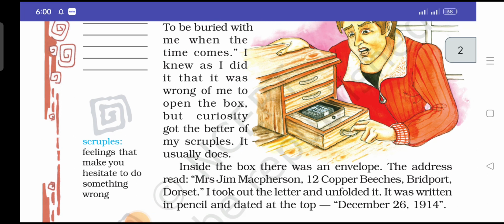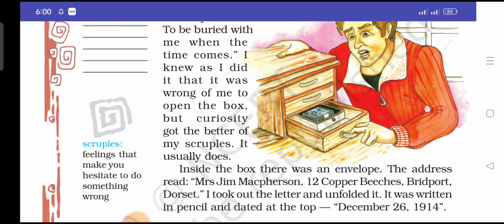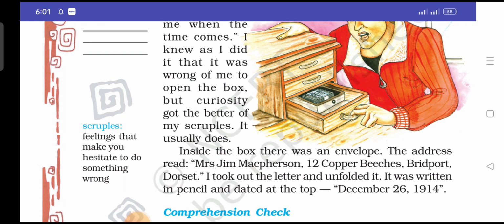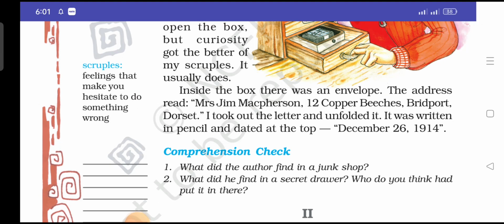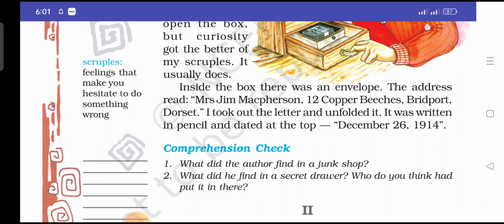What is scruples, dear children? A feeling that makes you hesitate to do something that you know is wrong, but then also the curiosity that is in your mind makes you do that particular thing, right? So this is scruples. Scruples meaning is also given here: the feeling that makes you hesitate to do something wrong. Sometimes we do something wrong and we feel inside that we are doing that particular thing wrong, but then also sometimes the situation is like this that we have to do that thing.